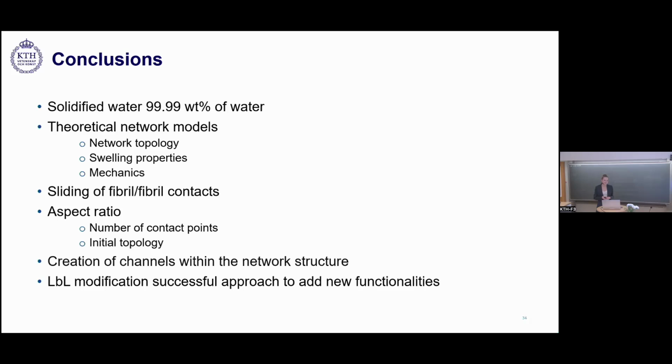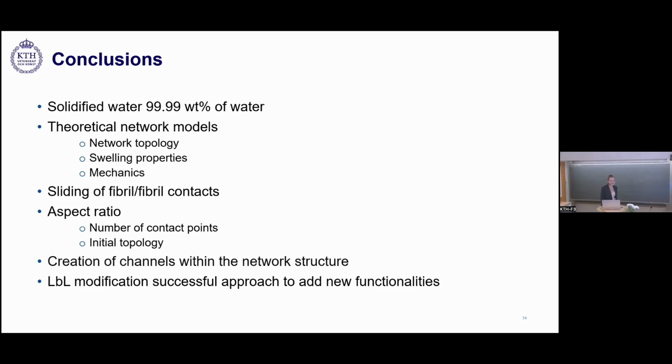We have also learned that the deformation mechanism in these CNF networks is the sliding of fibril contact points upon applied stress. And we have learned that the aspect ratio of the particles is very important for the hydrogel formation, since it will determine the number of contact points we have in the system, as well as the initial topology.